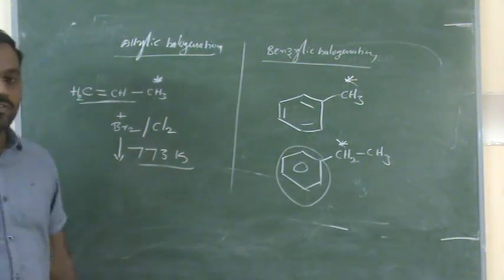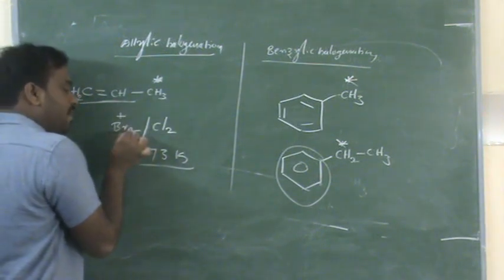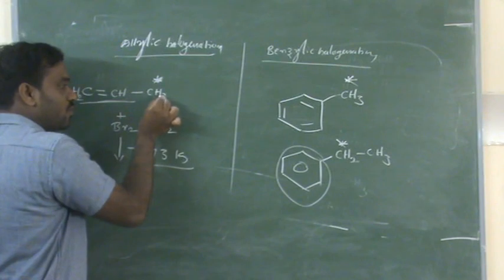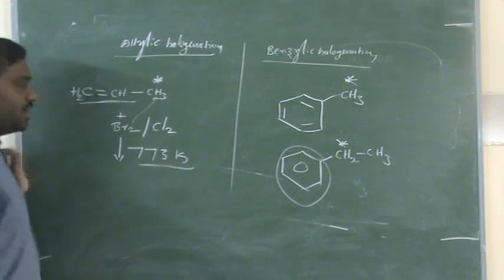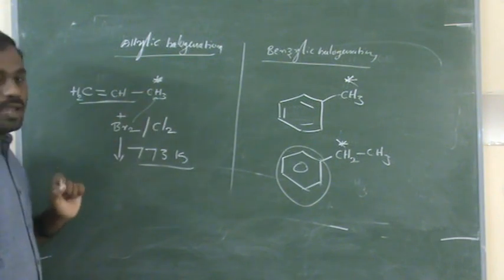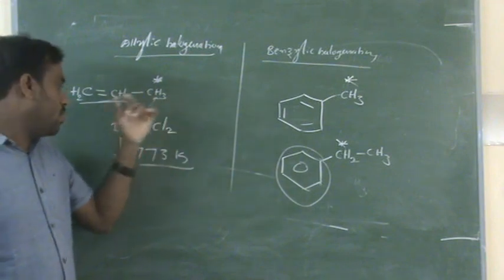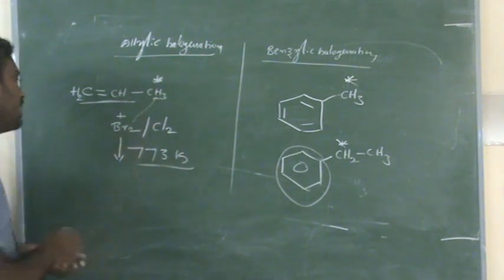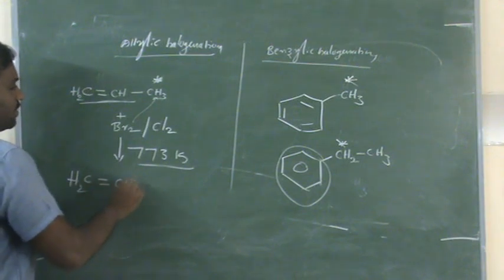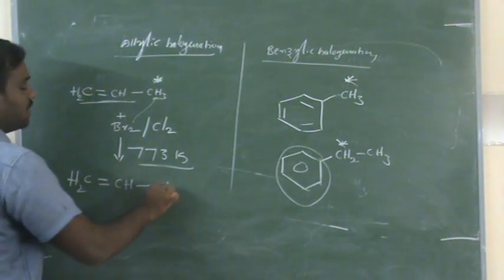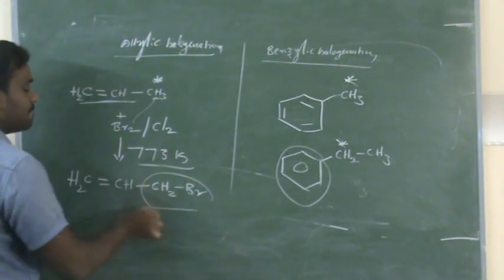In that, one Br attacks this position by removing hydrogen. The hydrogen is removed and the halogen is attached. Then it becomes CH2 double bond CH, then CH2Br.